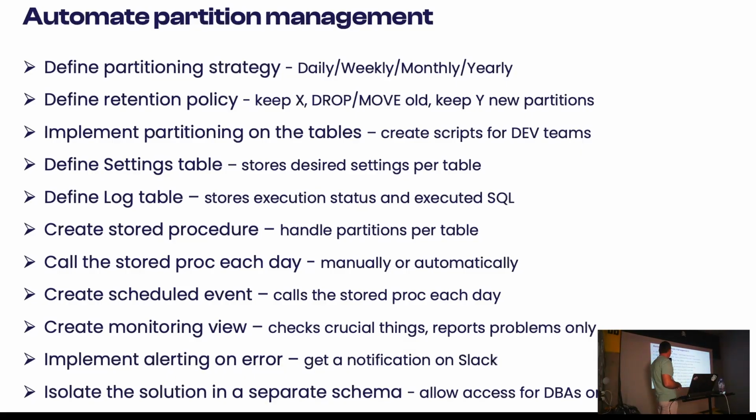After that, we need to implement alerting on errors. So we would want to be notified on Slack in our situation only when we get an error. So if everything was done correctly, be silent. We are sure that everything is running okay. And maybe the most important thing at the end, we need to isolate the solution in a separate schema and allow access only for DBAs.